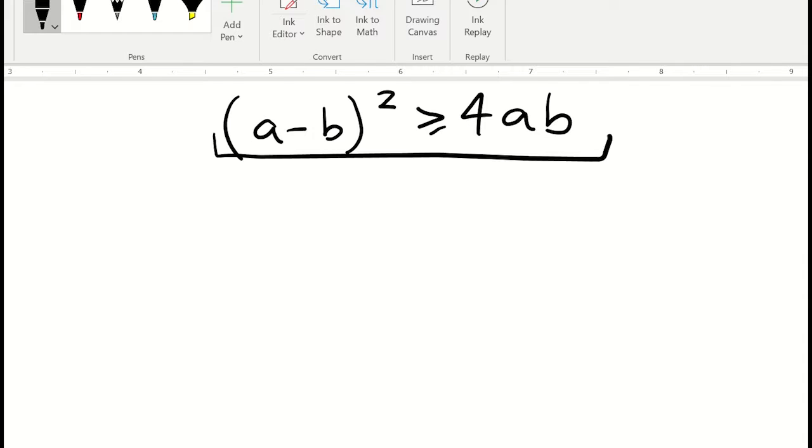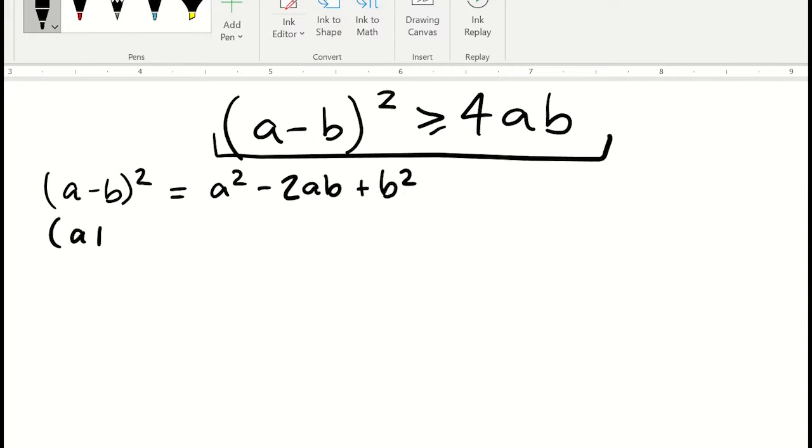Okay, so let's have a look at this one then. Let's just take the left-hand side and expand it and see what we would get. I know that if I expand that, I'm going to get this. Now, what if I look at what happens if I expanded the positive version? I know that I'd get the exact same thing, but a positive 2.